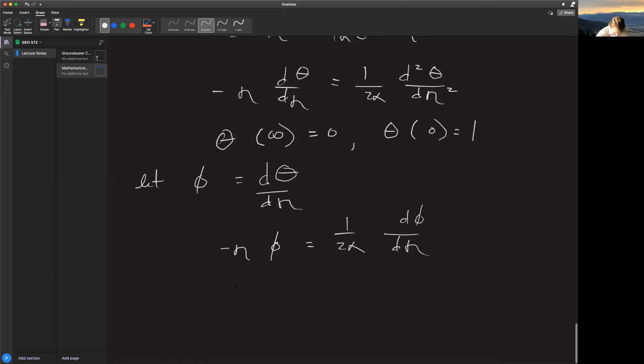First I'm going to separate it, moving this over to this side and this over to this side, so that all variables of eta are on one side, all variables of phi are on the other, and then I can integrate.